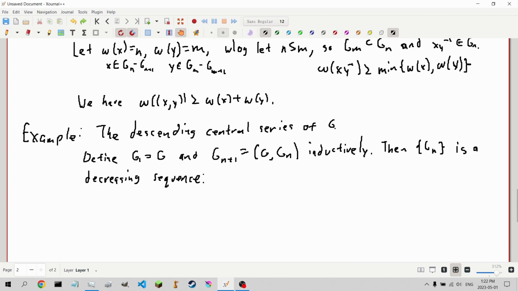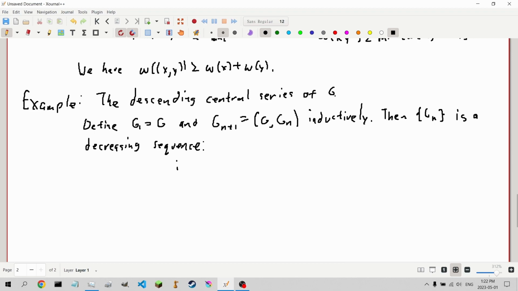So let's verify this. Condition 1, as we saw, is just G1 equals G, so we literally set G1 to be equal to G. Our second condition we prove by induction on n for the commutator of Gn and Gm.